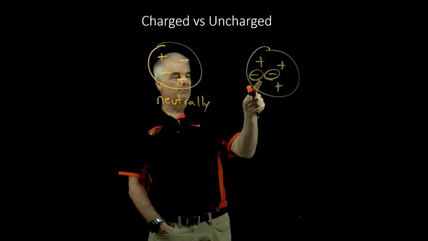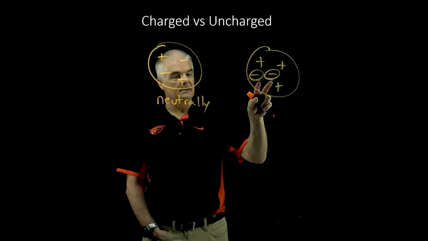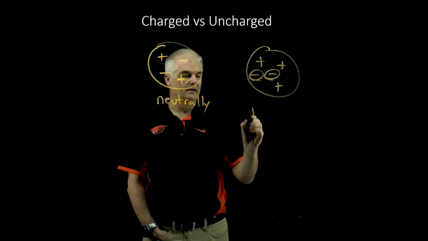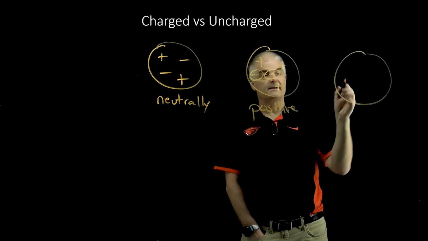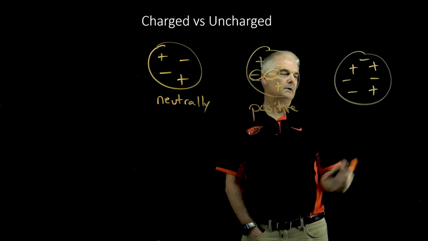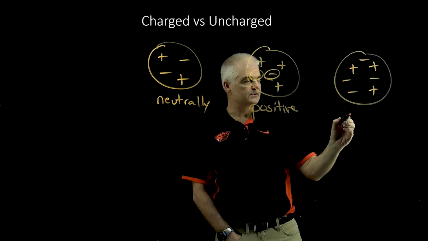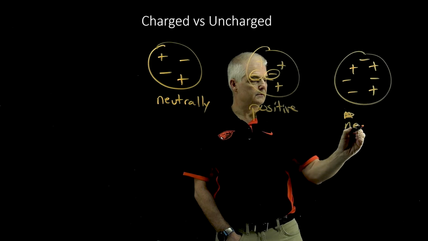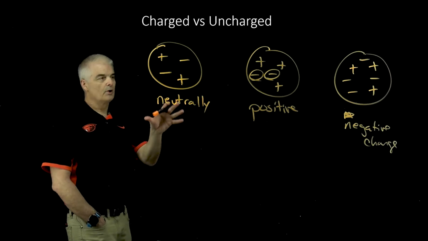I've got three positives and two negatives, or more protons than electrons. So this would have a positive charge. I bet you can envision when they have a negative charge. Notice I have three positives and four negatives. So this would have a negative charge.